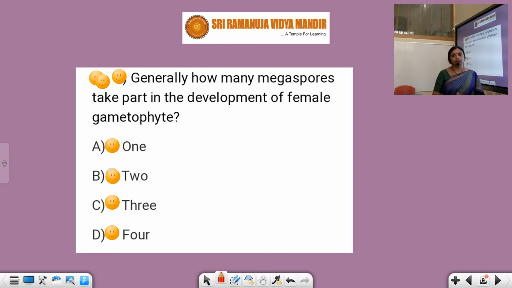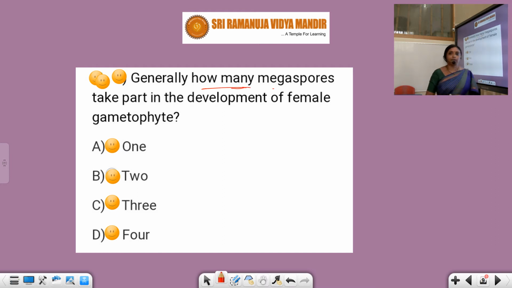That is monosporic type, and monosporic is the very common type in angiosperms. The first plant in which it was identified is Polygonum divaricatum, by Strasburger. He identified the first functional megaspore in the Polygonum plant. So generally how many megaspores? Only 1 megaspore.